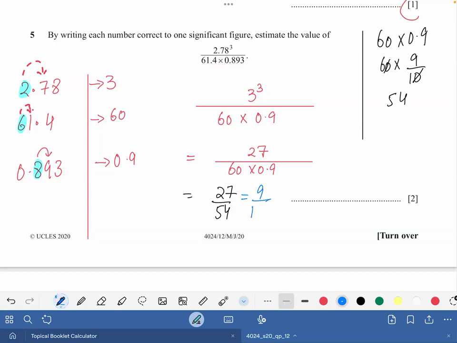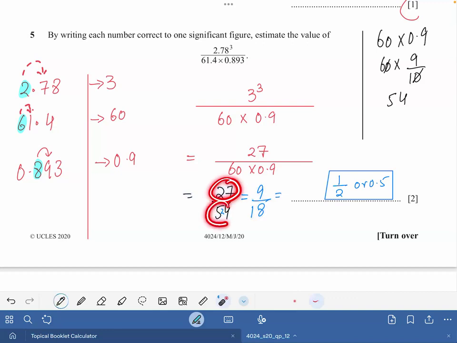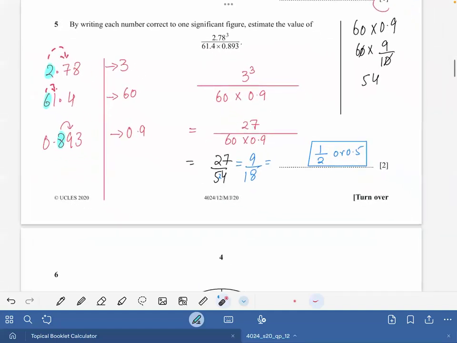So 3 ones are 3, and 2 goes there. 3 times 8 is 24. So now 9 ones are 9 and 9 twos are 18. So 1 over 2, or 0.5, whatever the answer is. I know that I could have used table 9 as well, but most of the students do not get the idea of how to cancel in such a big scenario. So use smaller numbers, in case you struggle.